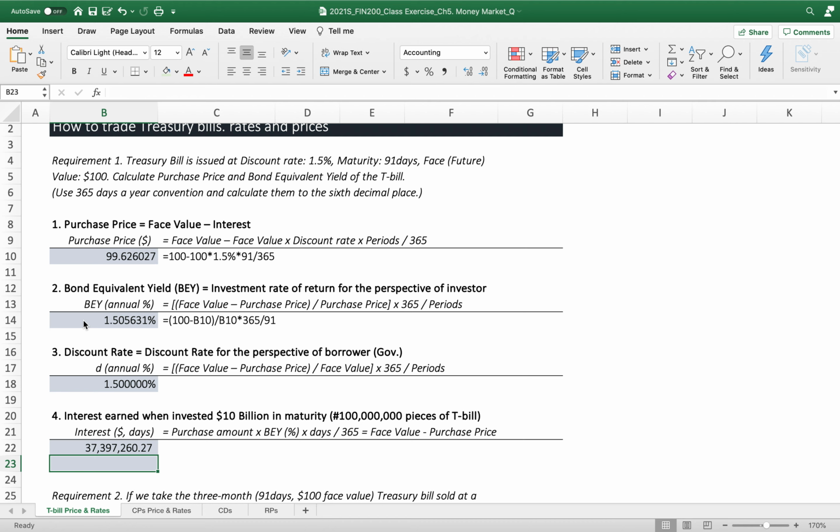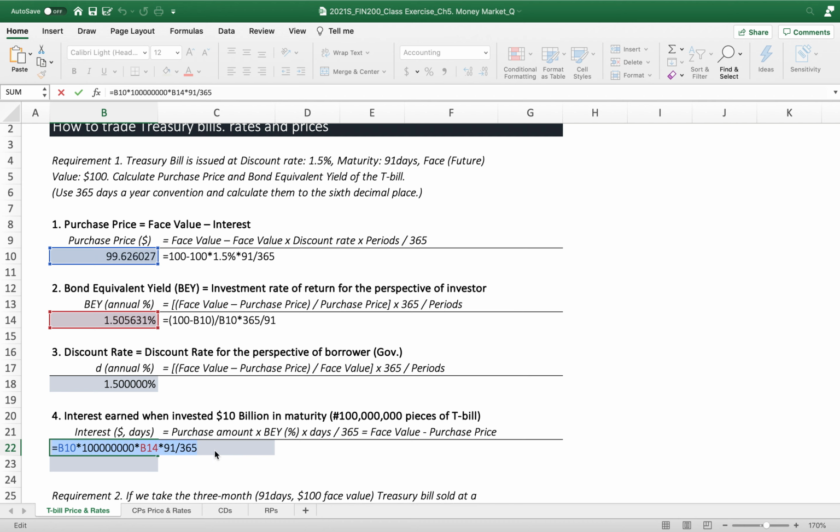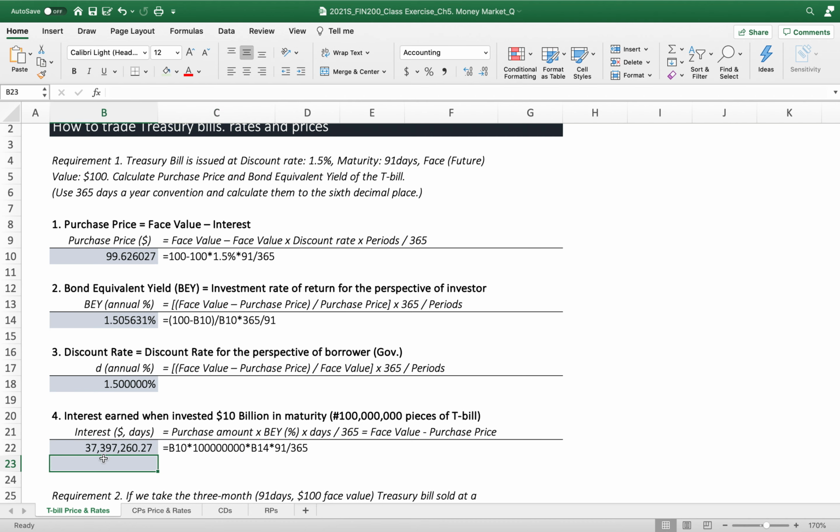That's why just one basis point, even 0.01 basis point, which is 0.000001%, is really important. That determines a lot of money. Okay, so let me just copy this, paste, so you can see it. Or you can calculate just the face value.